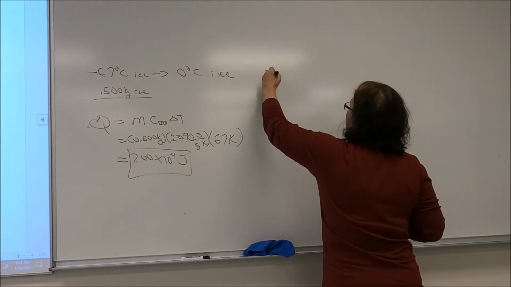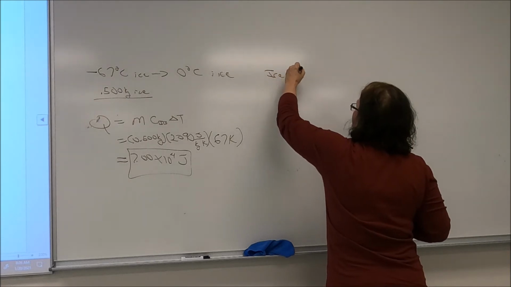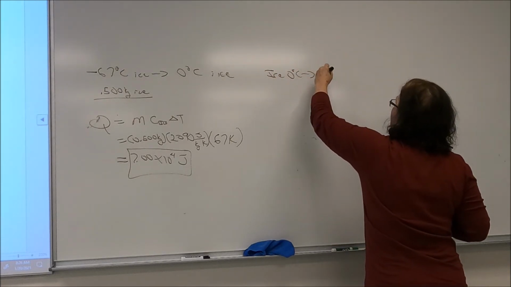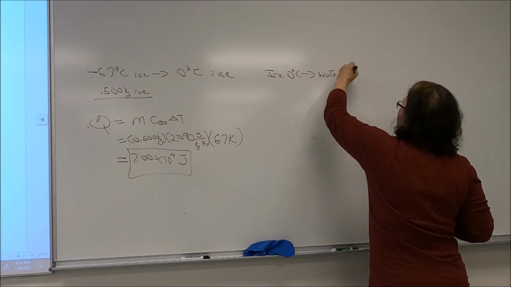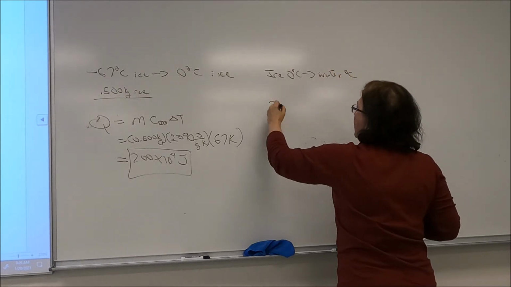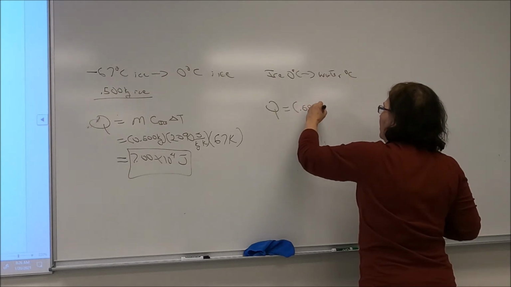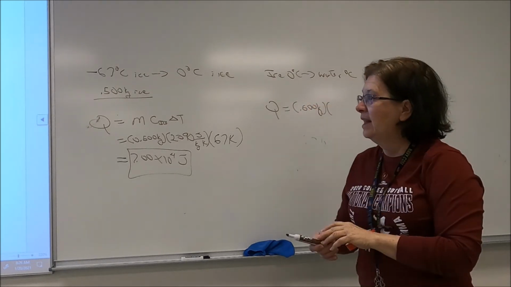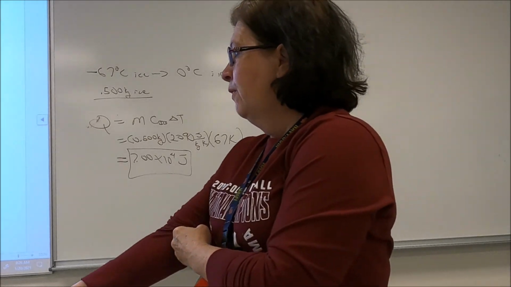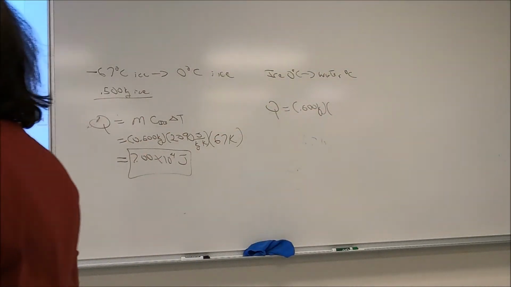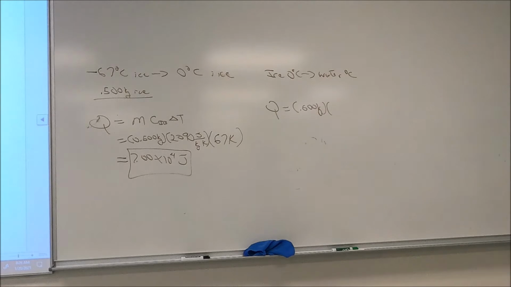Now, if I want to go from ice at 0 degrees C to water at 0 degrees C, then Q is going to equal the mass, 0.500 kilograms, times the latent heat of fusion for ice. So let me look up that value.